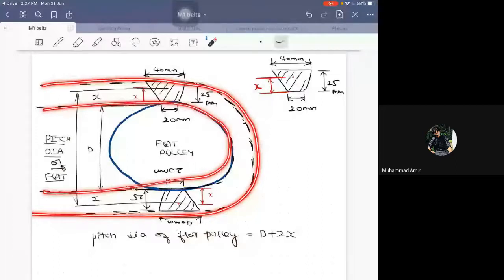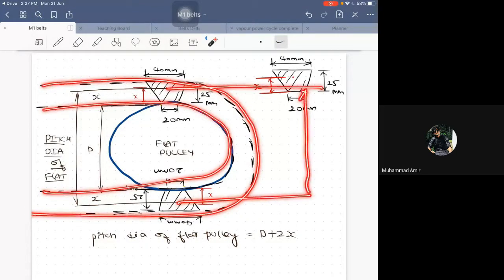Now, what I am trying to calculate is the pitch diameter of a flat pulley. If I want to calculate the pitch diameter of the flat pulley, I have to take the distance from centroid of a belt to centroid of a belt.